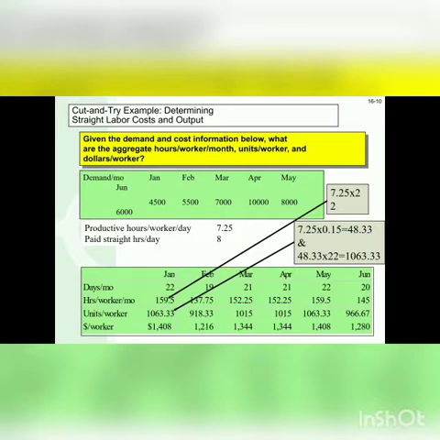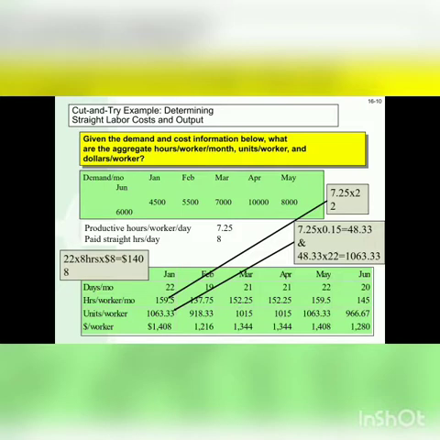Dollar per worker is basically, for 22 days you have to pay for 8 hours. So the total hours are 22 into 8, and the cost is $8.